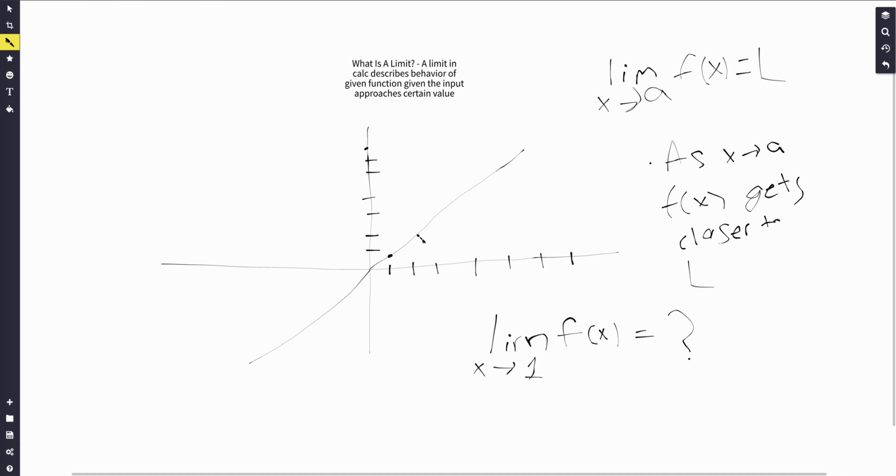So when using limits, you have to make sure that the right side approaches the same value as the left side and vice versa. So from this we can see that the left side is approaching 1 and the right side is approaching 1, so we know the answer for this one would just be 1. I'm going to go into more detail about how these left side and right side limits can be written. So let's do that on the next page.